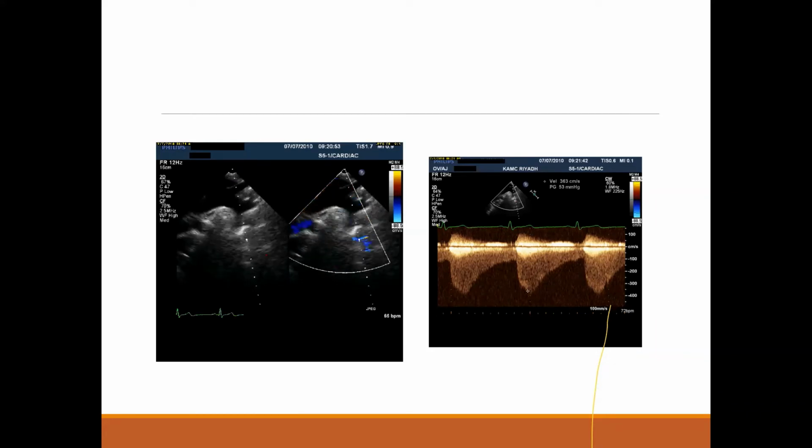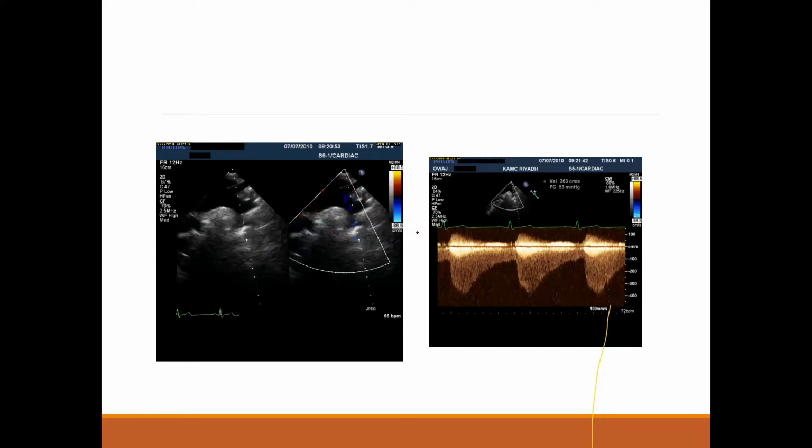Integrated flow in the suprasternal view, with or without color. Flow gradient in systole and diastole.